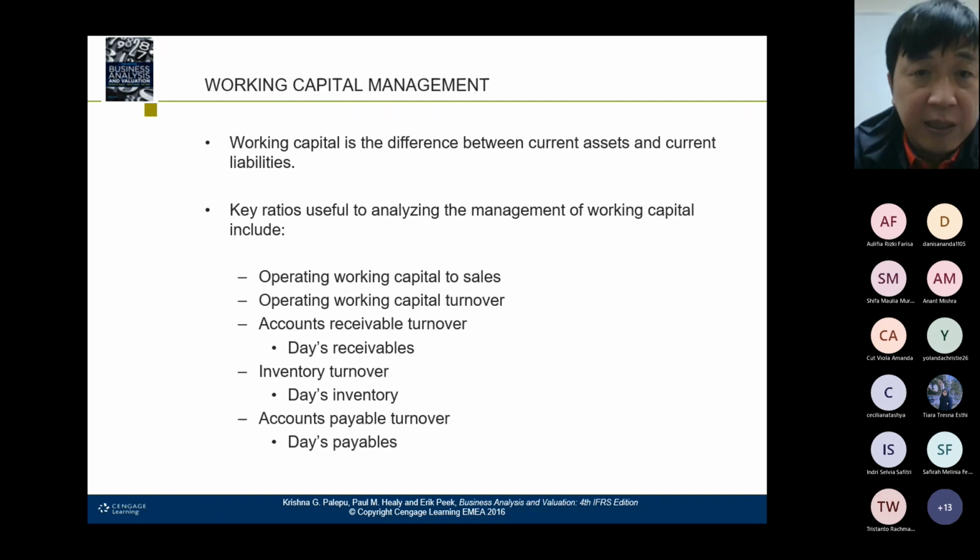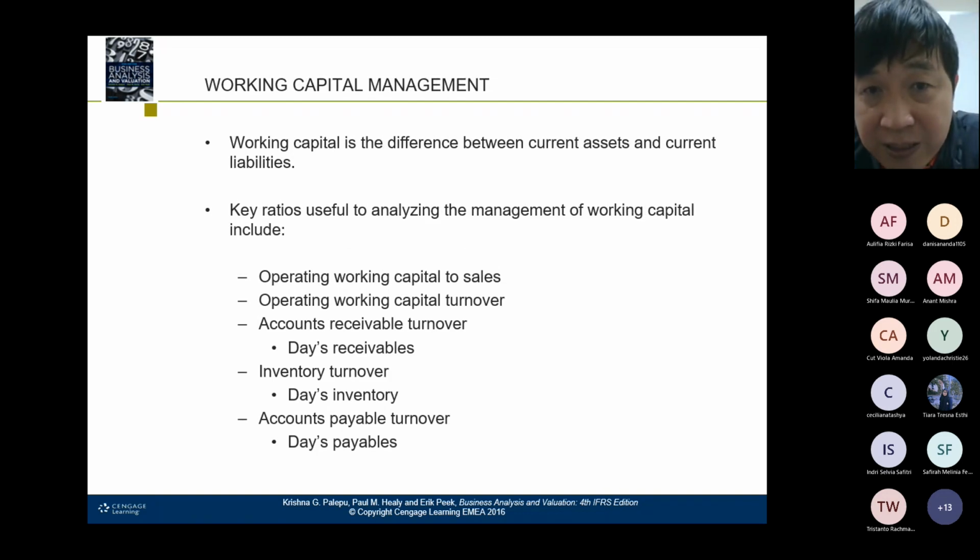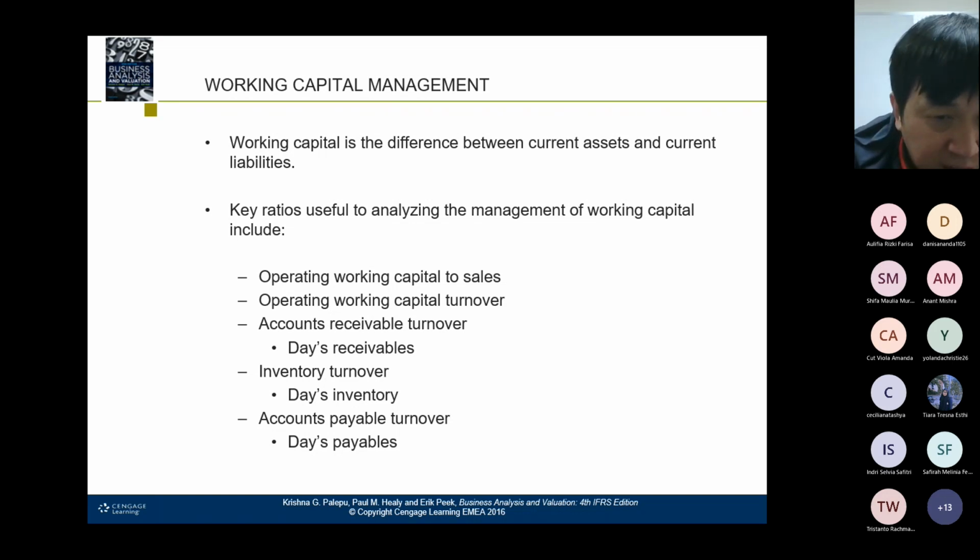Working capital is the difference between current assets and current liabilities. Key ratios for analyzing the management of working capital include operating working capital to sales, operating working capital turnover, accounts receivable turnover, inventory turnover, and accounts payable turnover.